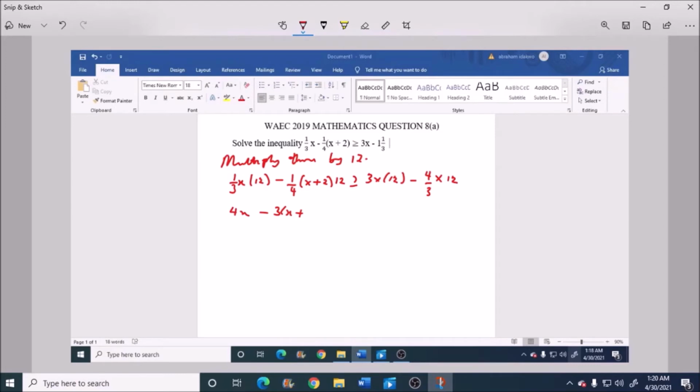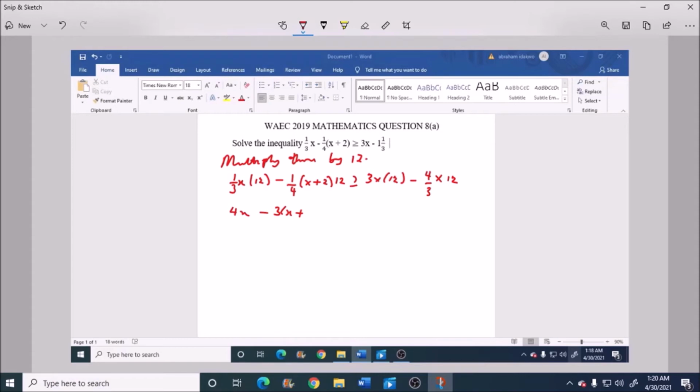So this will give us 4x minus (3x minus 6) is greater than or equal to 36x minus 16. Collecting like terms, this is x minus 6 greater than or equal to 36x minus 16.